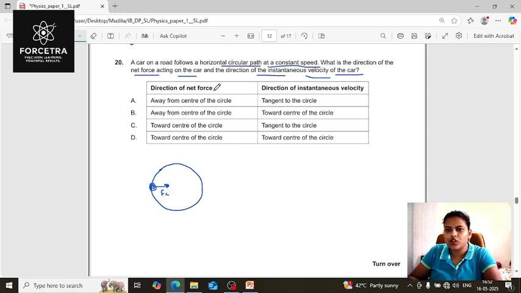So force is always acting towards the center of the circle, and the velocity at any point is along the tangent. So this is the velocity, which is tangent to the circle. C is the correct option.